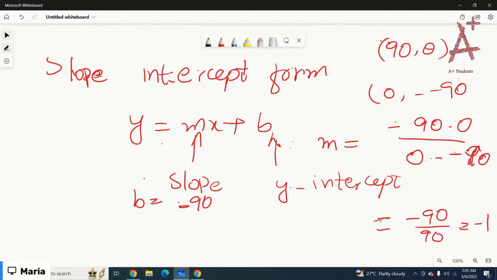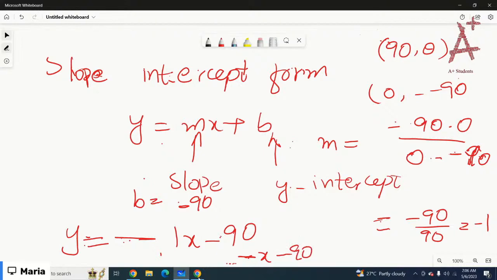That means the slope of the graph is negative 1. So the equation would be y equals negative 1x, and the y-intercept is negative 90. So the equation would be y equals negative x minus 90. That is the equation for this graph.